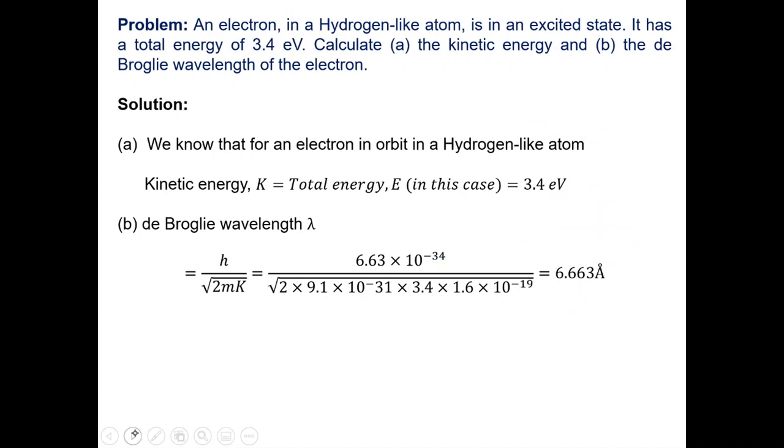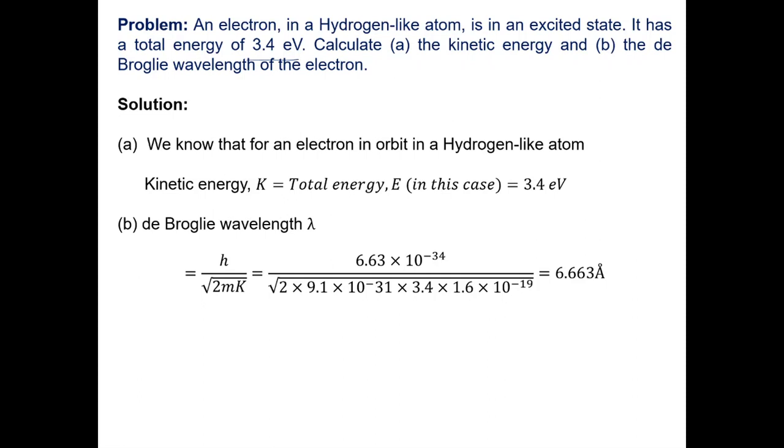Okay, now an electron in a hydrogen-like atom is in an excited state. It has the total energy of 3.4 electron volts. Calculate the kinetic energy and the De-Broglie wavelength of the electron. So kinetic energy is nothing but the energy of the electron in the excited state. If it is not in the excited state, there is no kinetic energy.